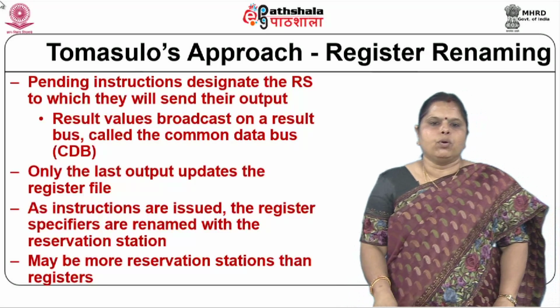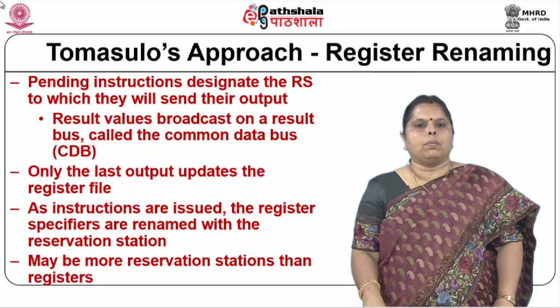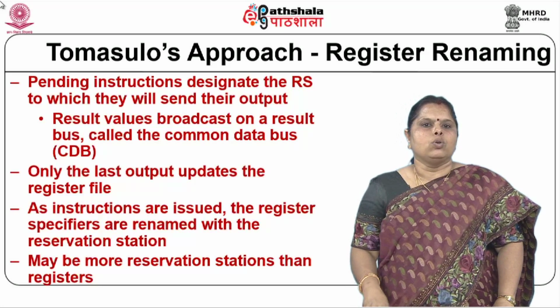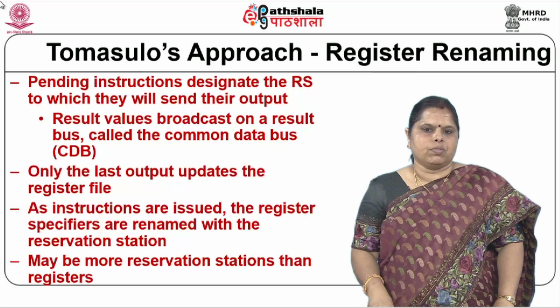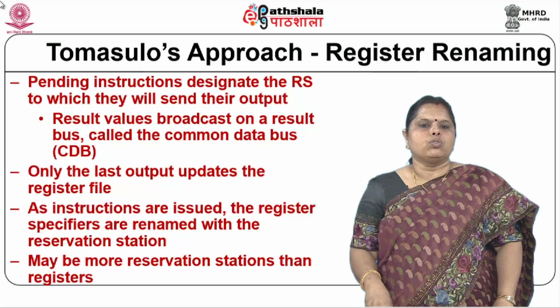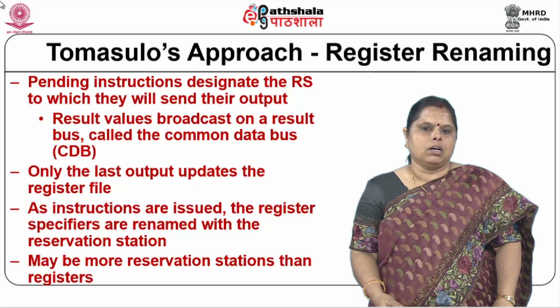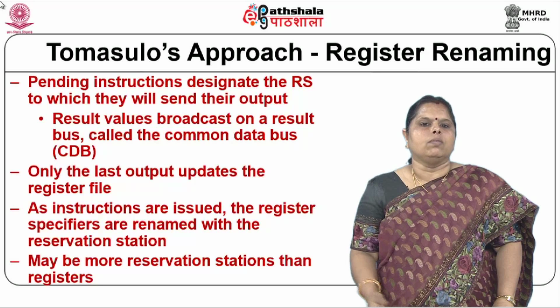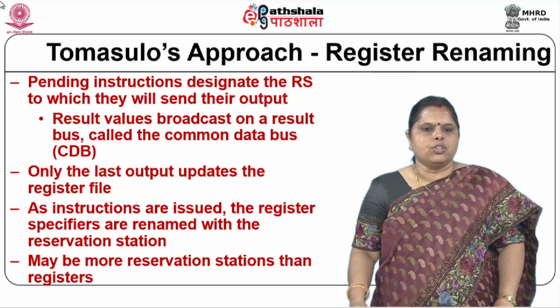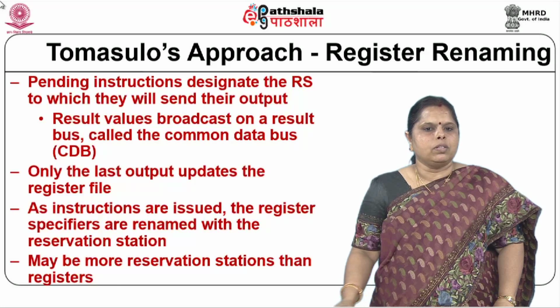Now, suppose you have issued an instruction to a reservation station and that has a true data dependency with another instruction, so you will have to wait for that instruction to finish. Then what you do is you designate the reservation station which is going to produce the result for you. Say for example, we looked at a divide instruction earlier. So, divide would have been given a reservation station entry. When add is issued, add does not have both its operands available. One of its operands is read from the register file and stored in the reservation station.